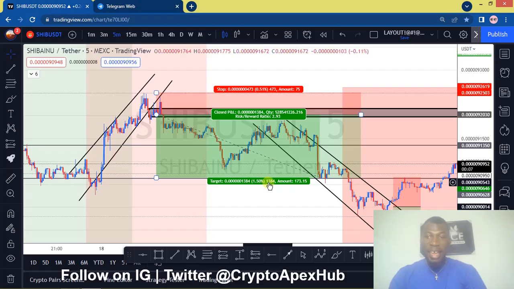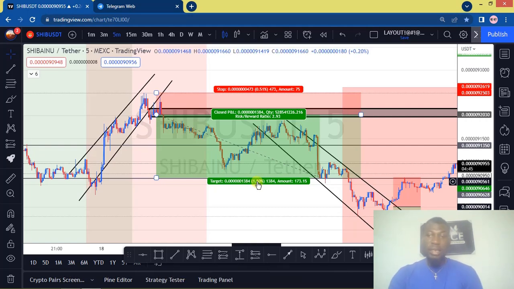Then you can see here 1384. This 1384 is the number of pips. That's it, 1384 pips. Then this here is the percentage. So if you are using 10x leverage times 1.5, that is 10.50% profit made on this trade.